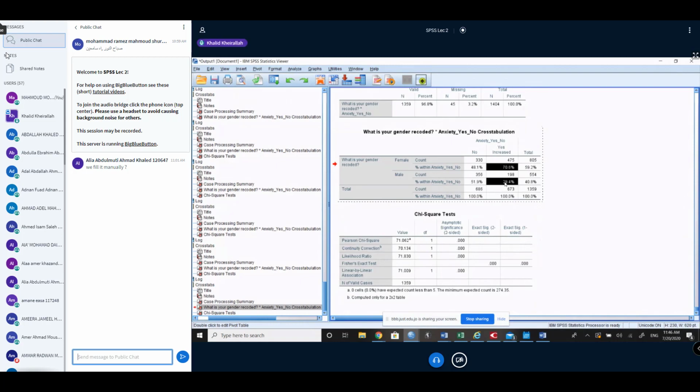So this table with this distribution, with these percentages, it's observing the percentage by columns. It's called percentage by column. So for those who reported anxiety, 70%, which is 673, 70% were females and 30% were males.